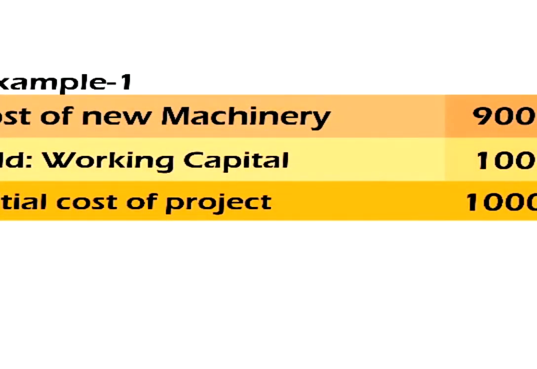It shall be the sum of cost of new asset purchased plus investment in working capital less salvage value of old asset, if any. For example, if the cost of new machinery is 90,000 and I need additional working capital of 10,000, we will reach an initial cost of 1 lakh rupees.